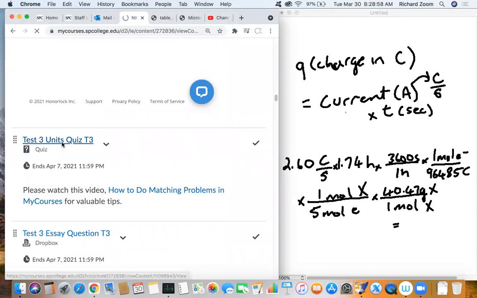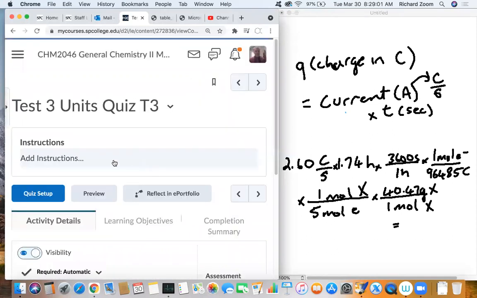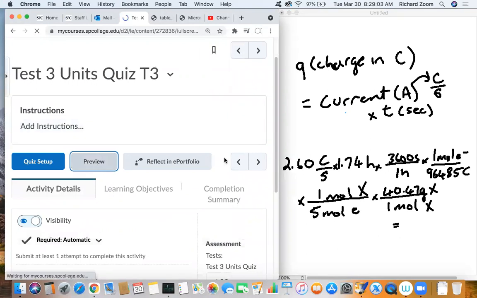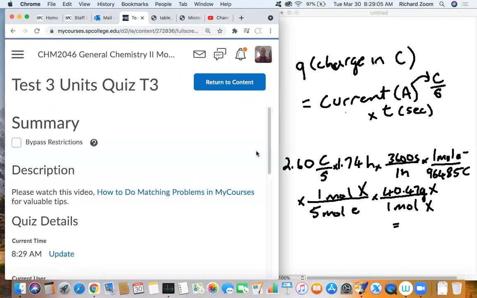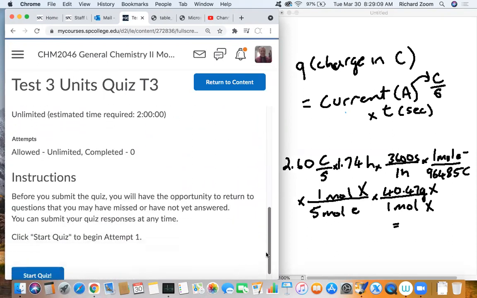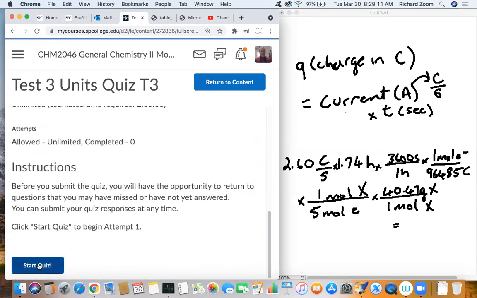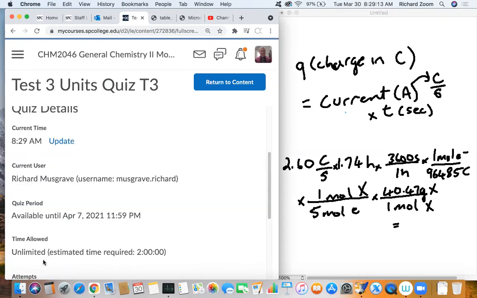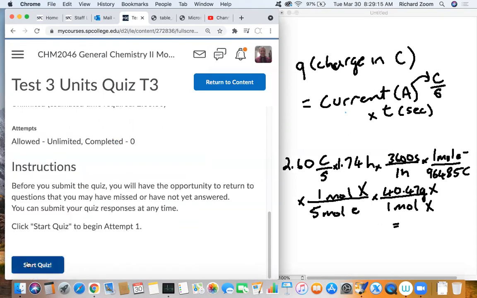Now, a lot of these, obviously, you can't show your work on them. So I have a units quiz that's also part of the test too. I think you have unlimited attempts on it. Yeah, you do.